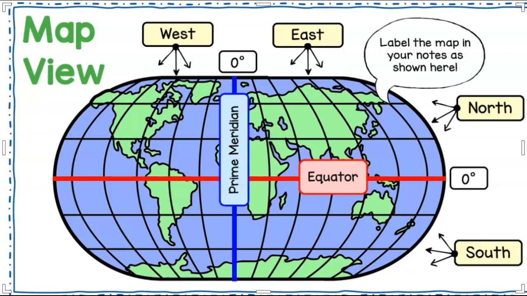If you want, you can fill this in. We kind of did that with that worksheet. So the prime meridian is up and down, the equator is side to side, and the prime meridian is up and down.